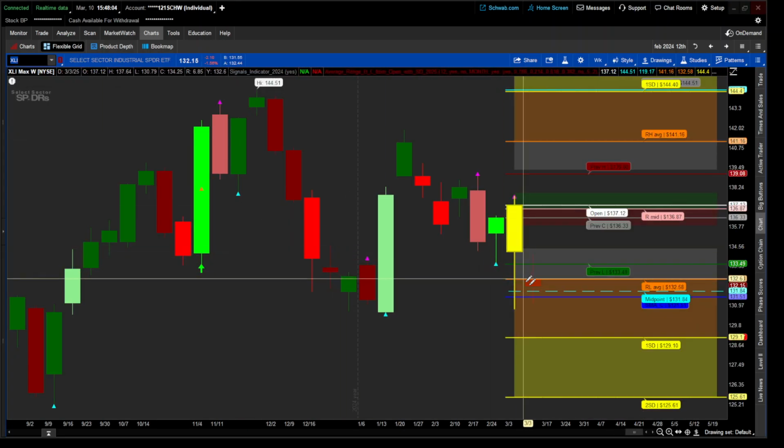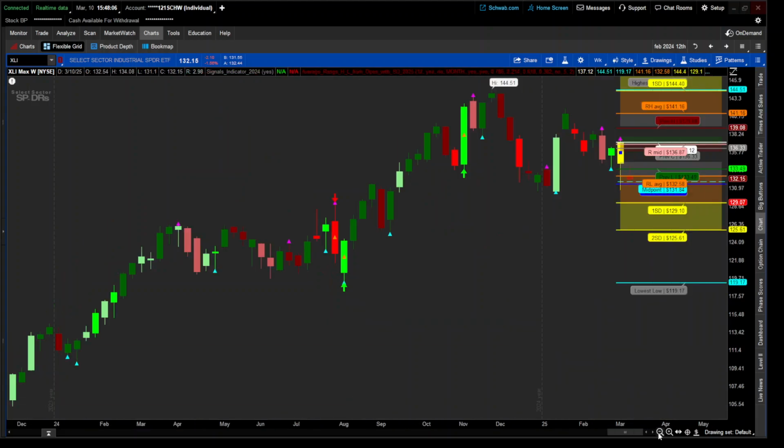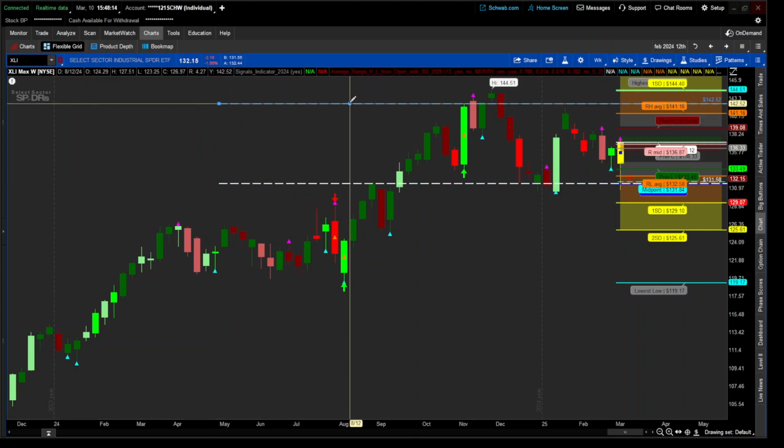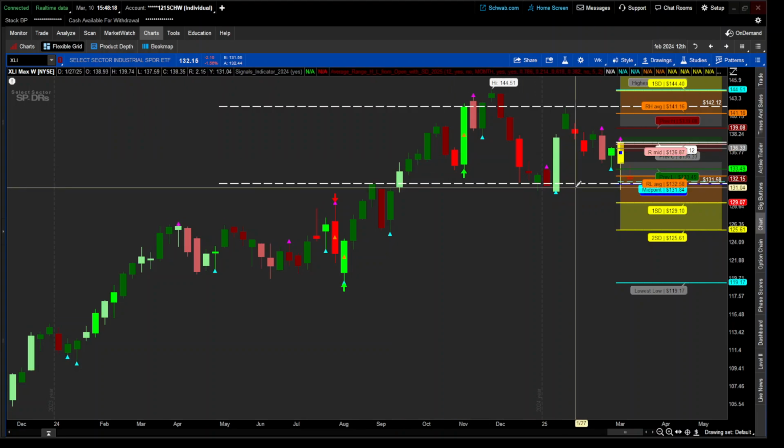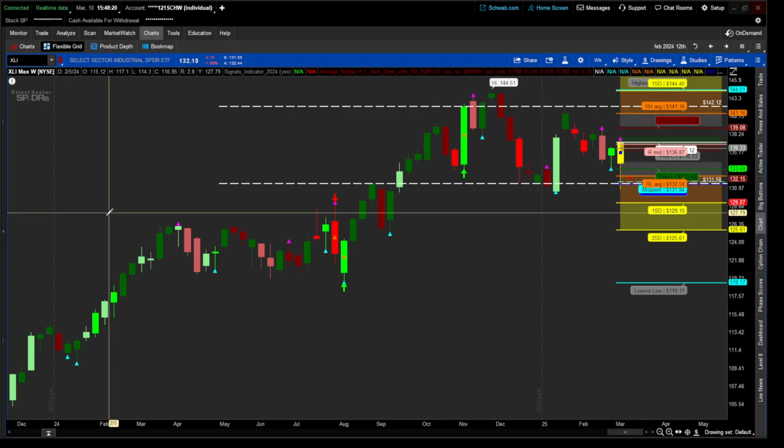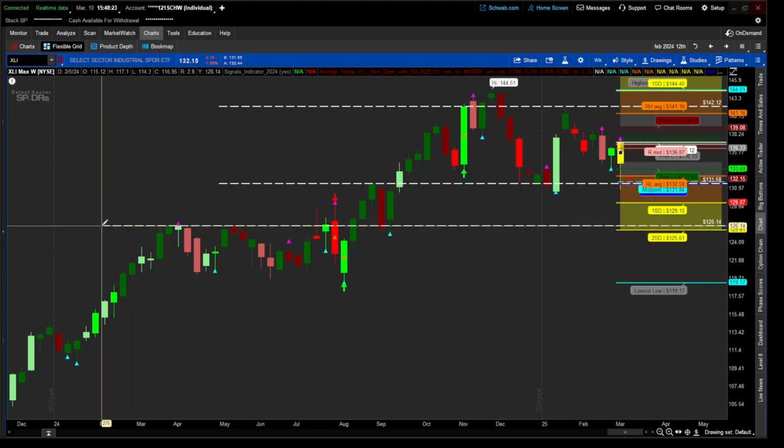XLI, industrials. You can see what it's doing right now. It's below its range average right now. So it may find support here. And I look at resistance right there, possibly anyway. But another support area is down here, where it actually crossed down below.